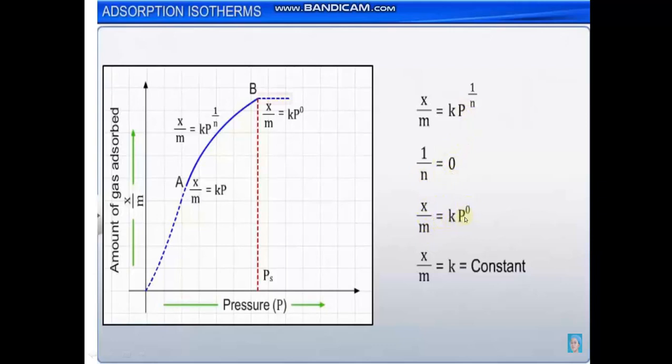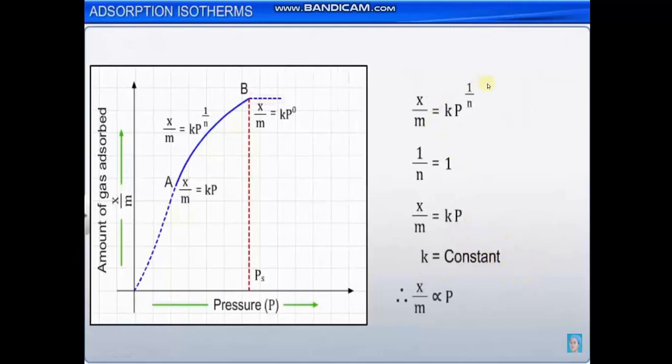P raised to the power 0 means 1, so X upon M is equal to K, which is constant. Now, if the value of 1 by n is equal to 1, X upon M becomes K P. K is a constant, so X upon M is proportional to P.